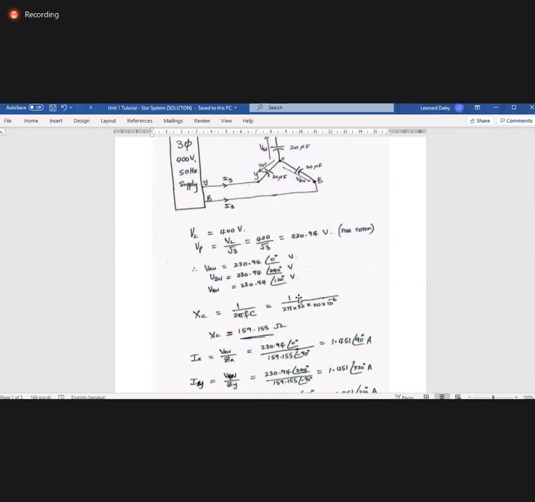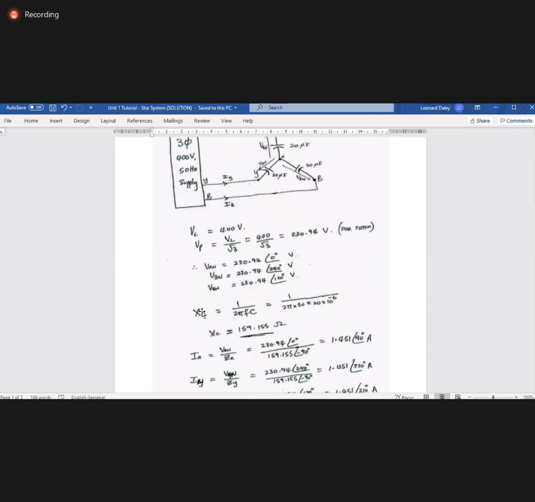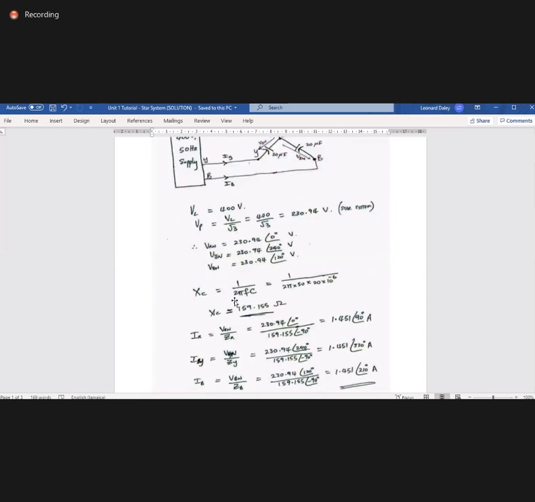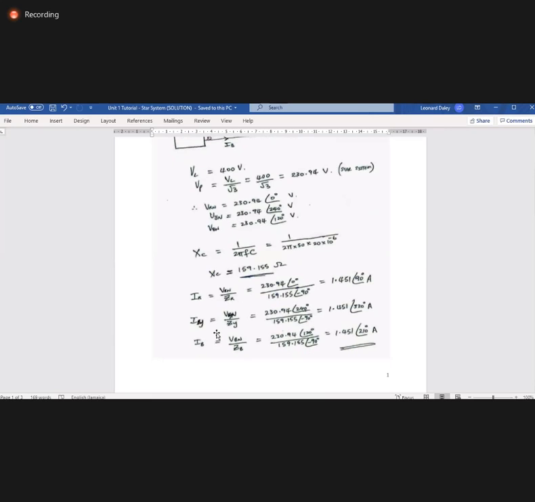So to find the current, we need to find its impedance, or its capacitive reactance. XC is equal to 159.155 ohms. But the capacitive reactance is also a phasor, and it is at angle minus 90 degrees.